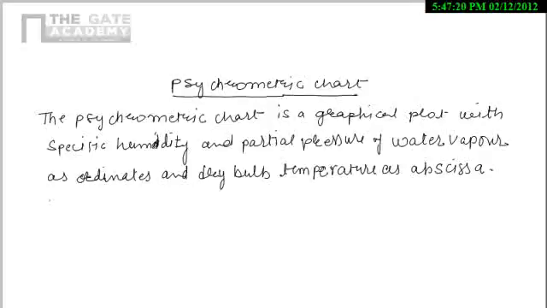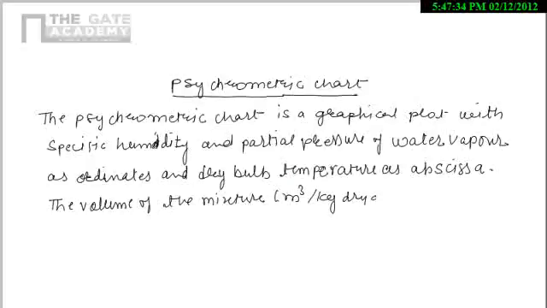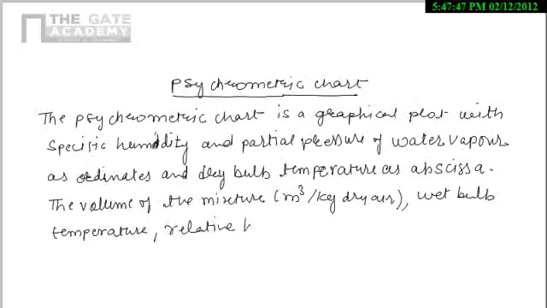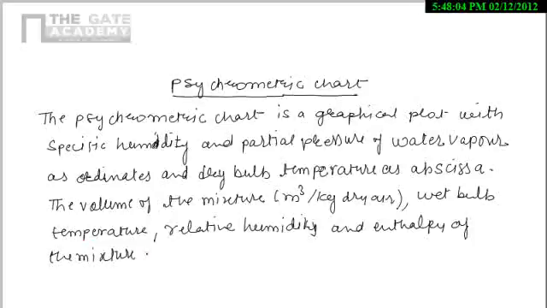So we can say that the volume of the mixture, that is in meter cube per kg of dry air, wet bulb temperature, relative humidity and enthalpy of the mixture appear as parameters.